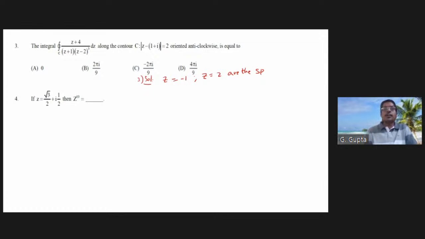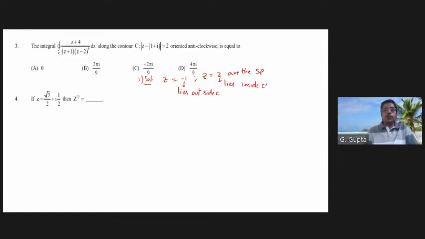So if I put here -1, this lies outside C. And if I put 2 here, 2 minus 1, 1 minus I, modulus is root 2, less than 2. So it lies inside C. You can verify just like in previous procedures.